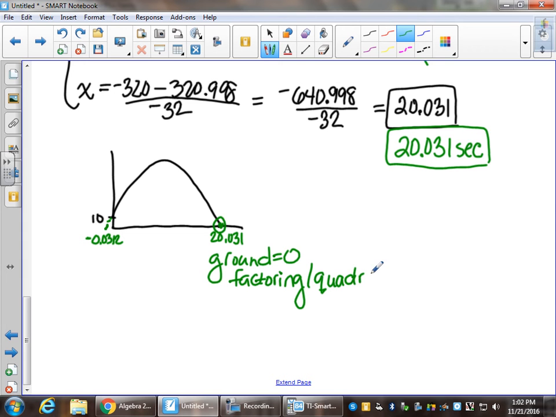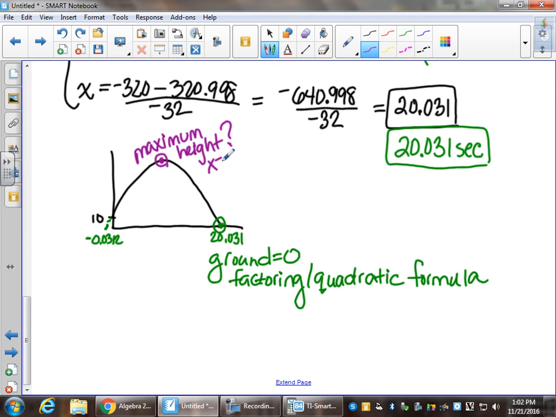But we also have at our disposal vertex from prior knowledge. So if I asked you for a maximum height, what's the maximum height of this arrow? You would be back to x equals negative b over 2a, calculating the vertex. Let's just get this one in the graphing calculator first.